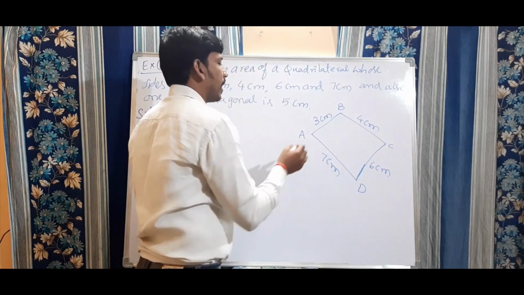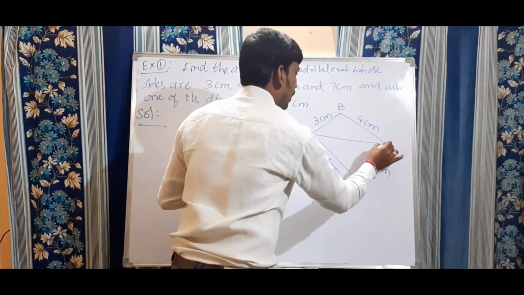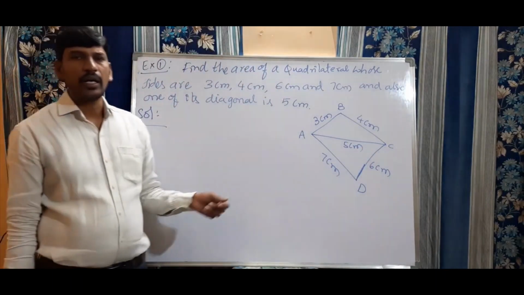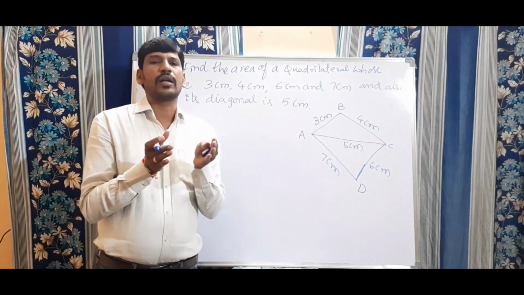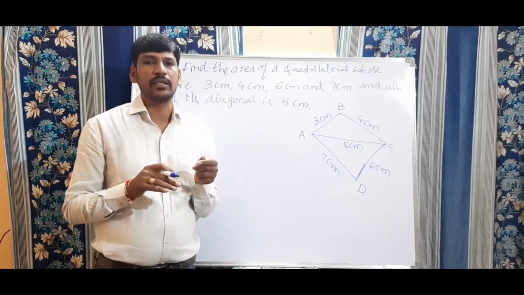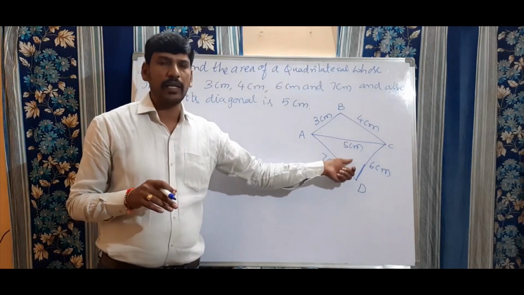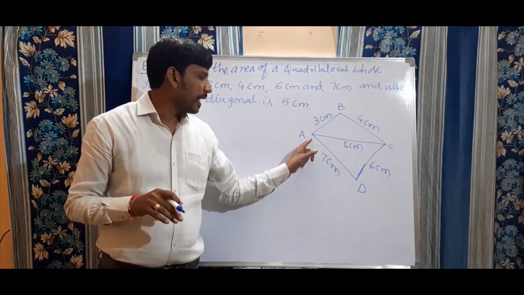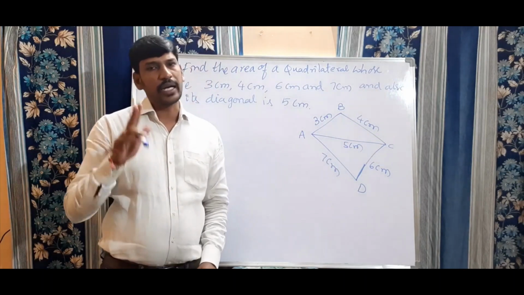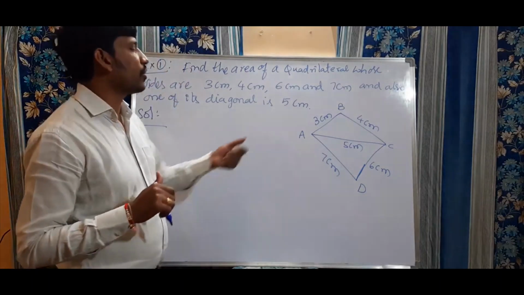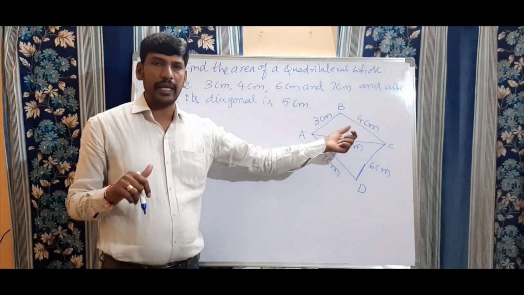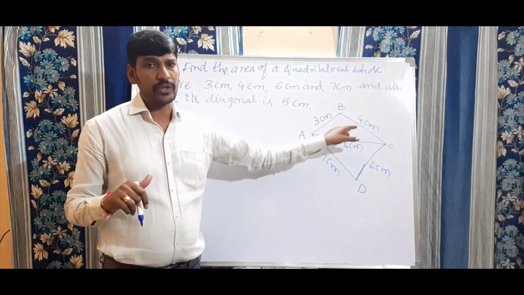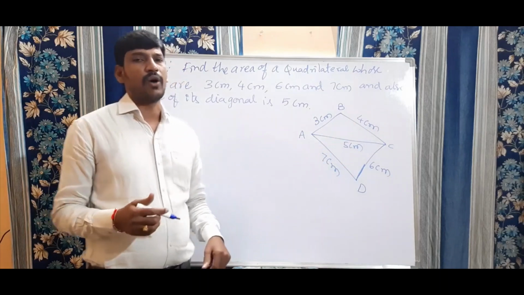And one of its diagonals, I am going to take this AC as 5 centimeters. Now see this here. We have separated the quadrilateral into two triangles. One is triangle ABC and another one is ADC. Clear? By using Heron's formula, we will find the area of this triangle and the area of this triangle. Finally, you add these two, you will get the area of the quadrilateral.